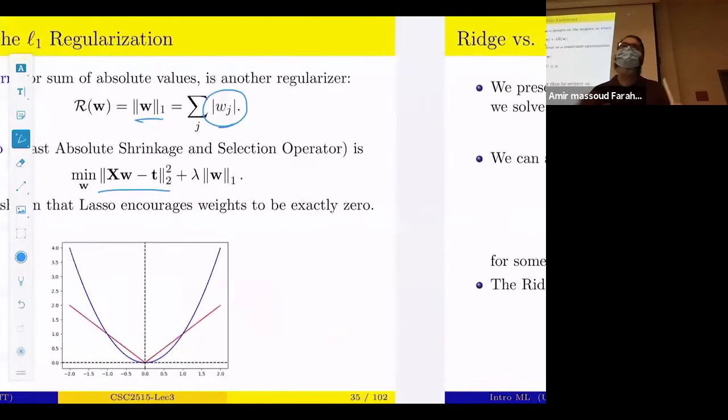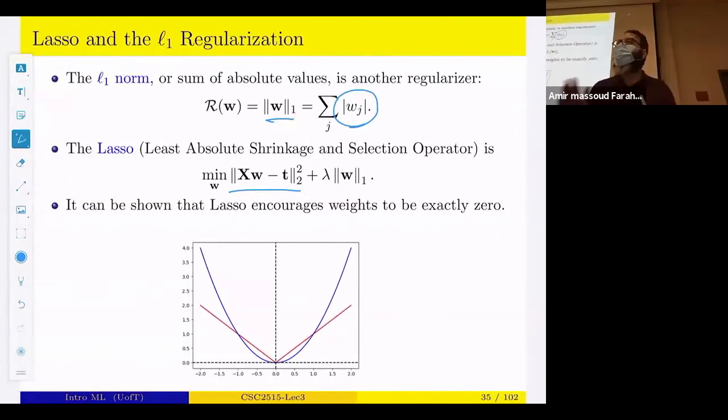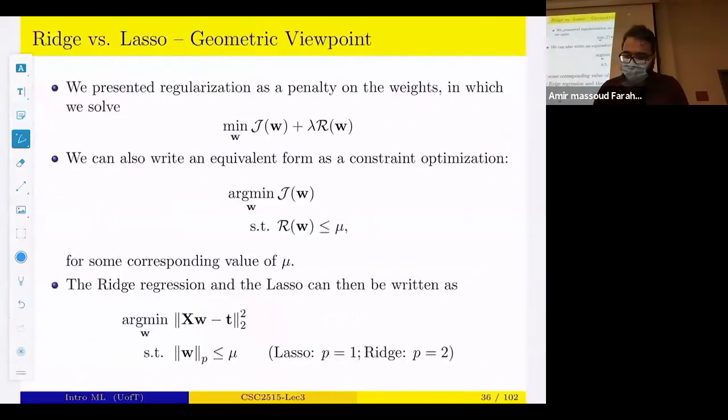I'll try to give you some intuition why it is the case, but it is not going to be a formal truth, so you need to believe something from me. Half an hour ago, I talked about how we can penalize weights to make sure the model doesn't overfit.